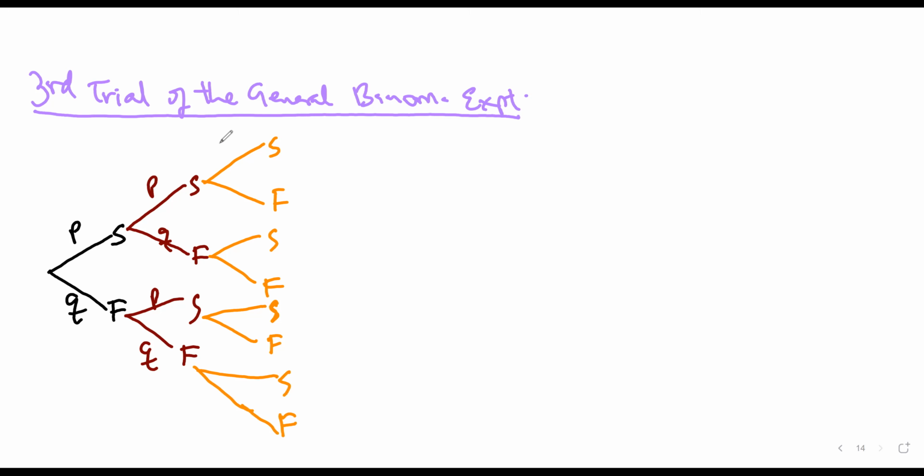And the probabilities do not change, so this is PQ, PQ, PQ, PQ. Okay.